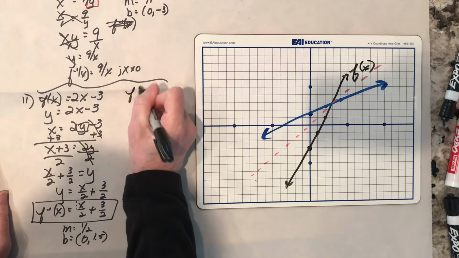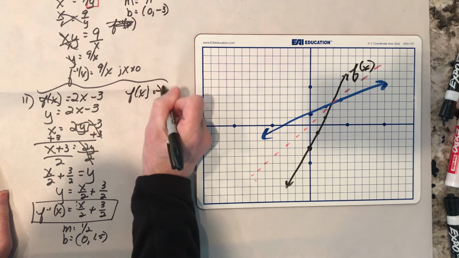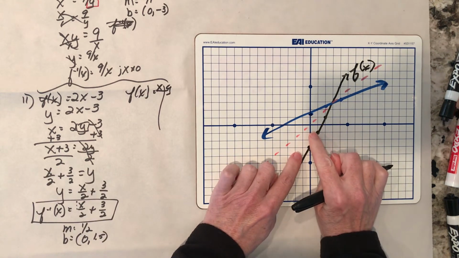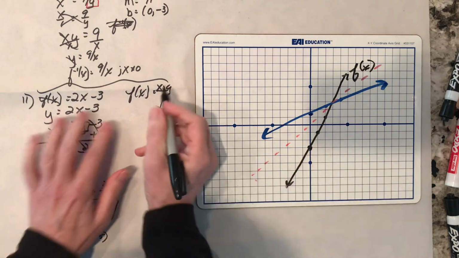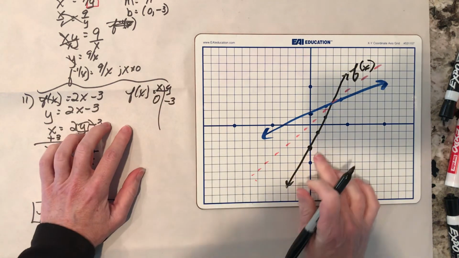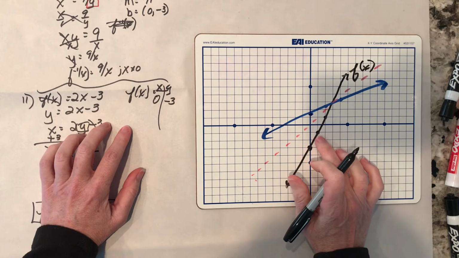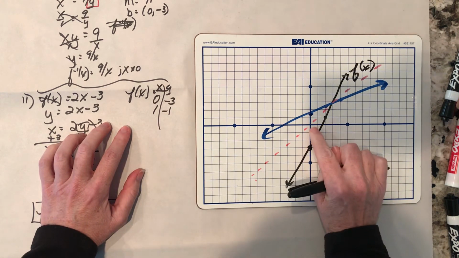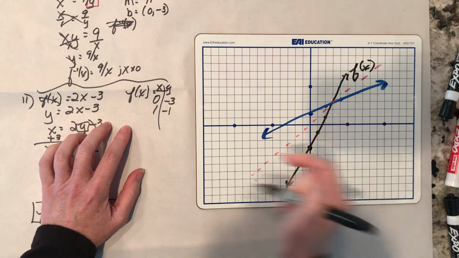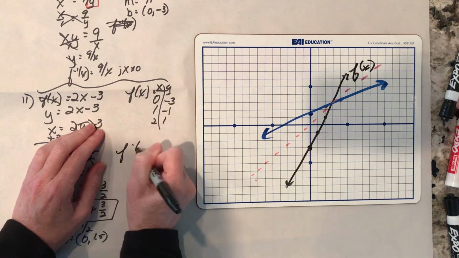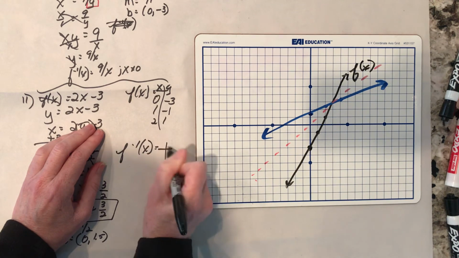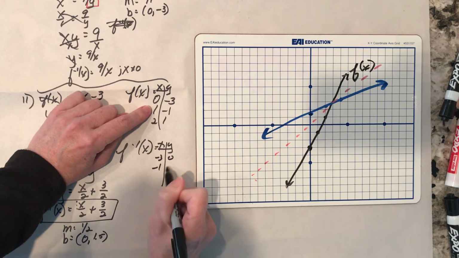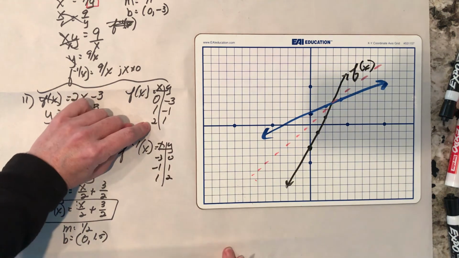So I know that f of x has the points we've found: 0, negative 3. Then we went up 2 and over 1, so that point is 1, negative 1. And then we found another, this point up here, 2, 1. So the inverse will just have the reverse of that: negative 3, 0; negative 1, 1; and 1, 2.